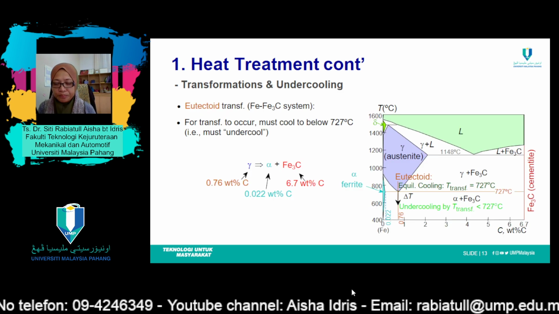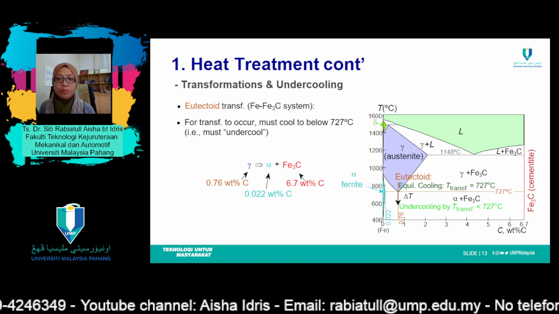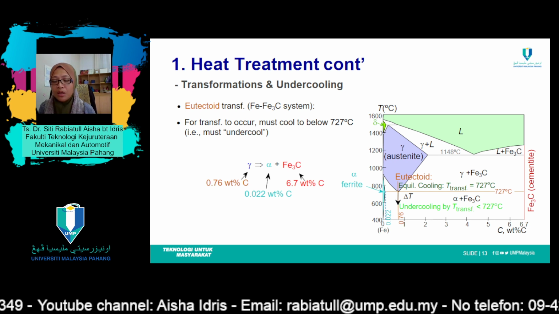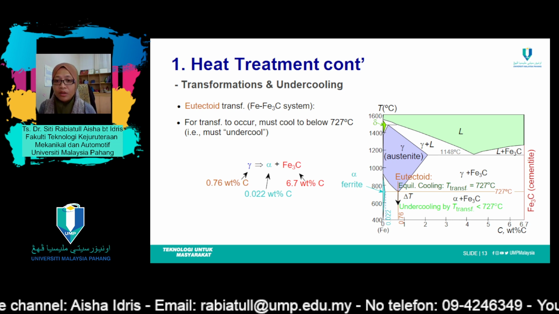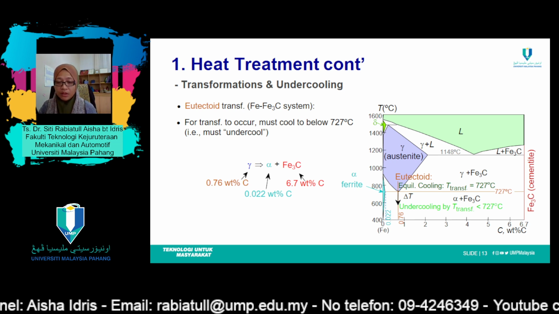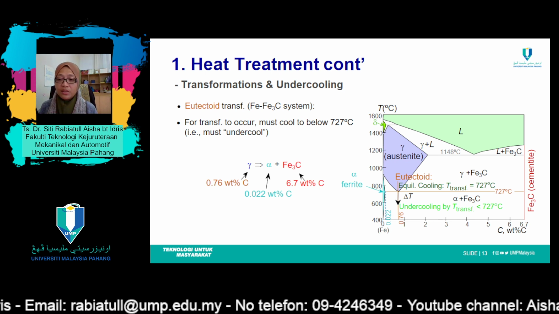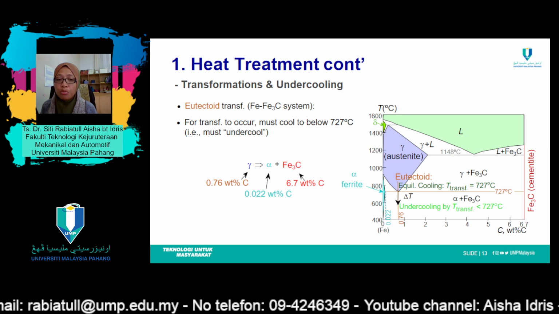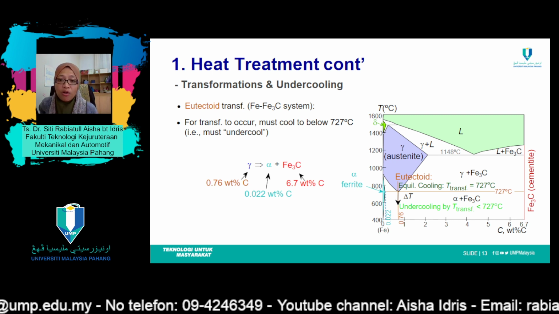And okay, so for today, we are going to look at the transformation as well as undercooling for these phases. For example, before this, in the previous lecture, you learned that slow cooling will form different structures of the materials.